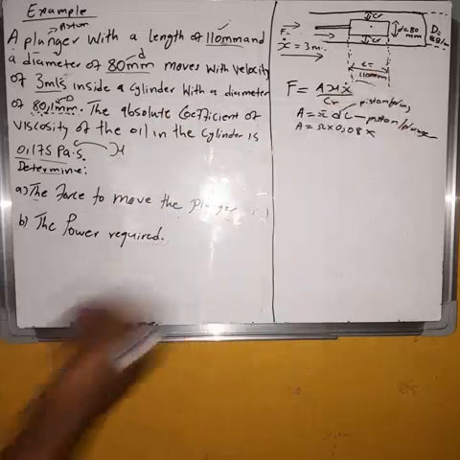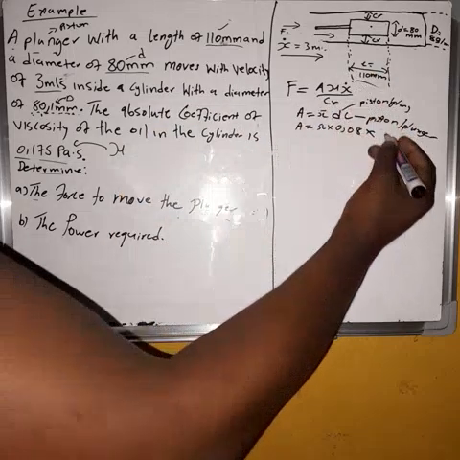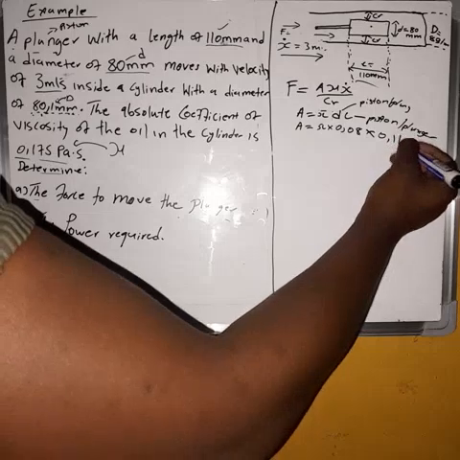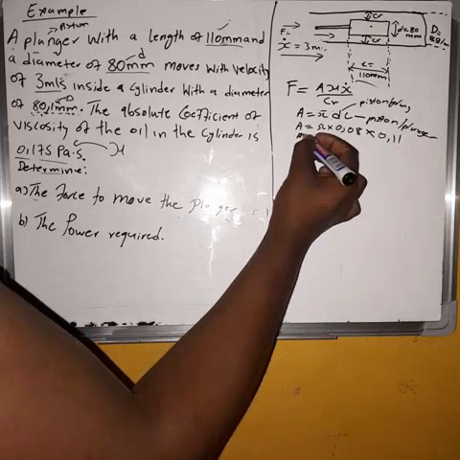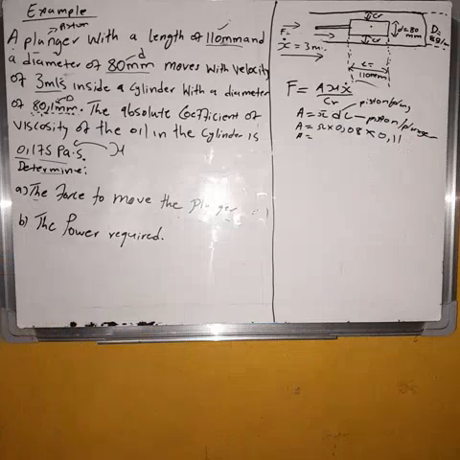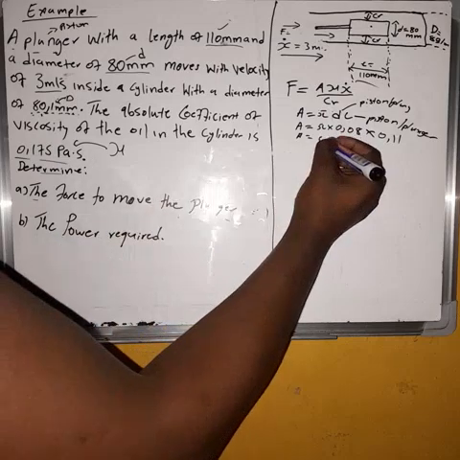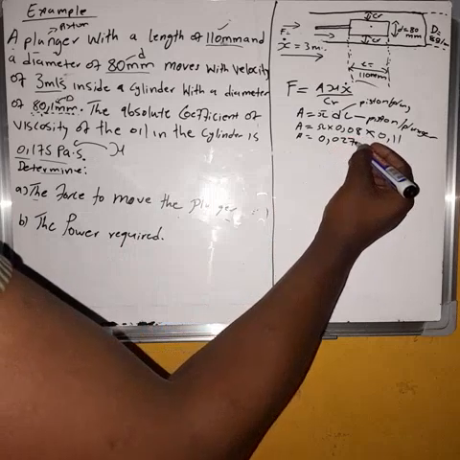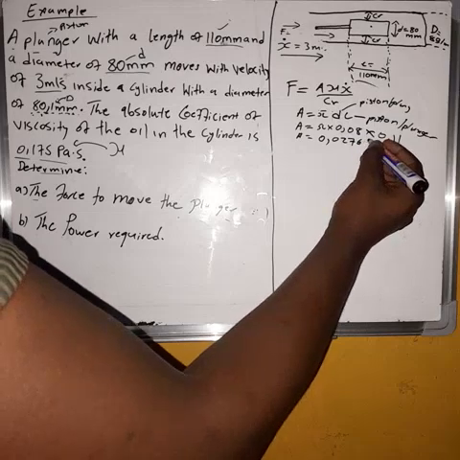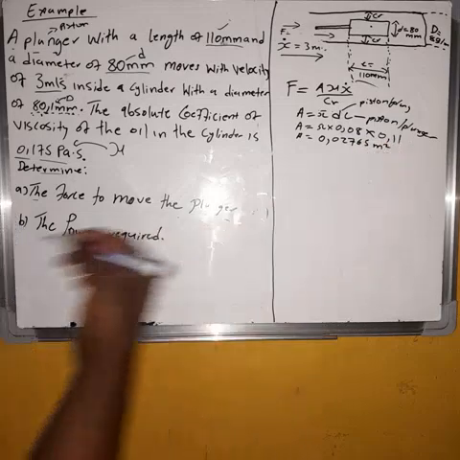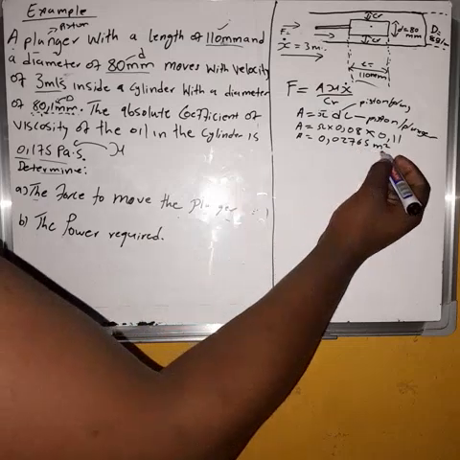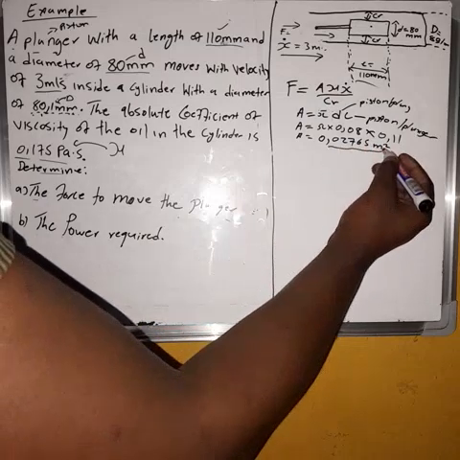The piston's is 110; divide by 1000 to convert to meters, which is 0.11. Then punch the calculator. If you punch it, you're supposed to get 0.02765 meters squared. We have found the area.